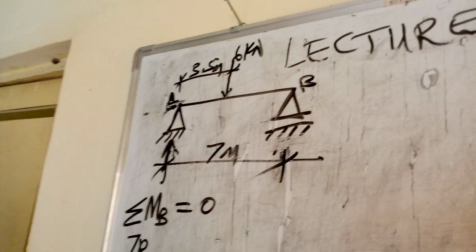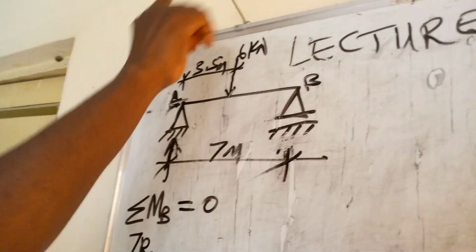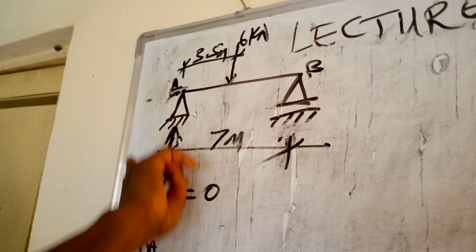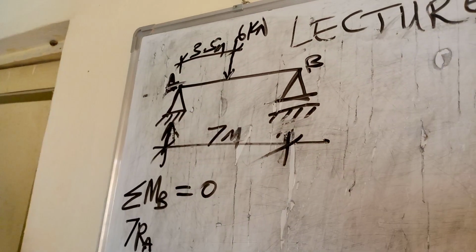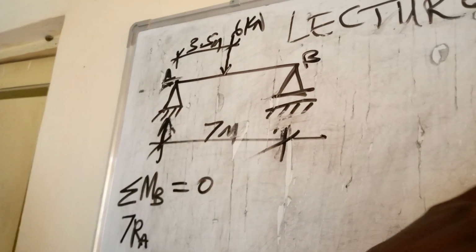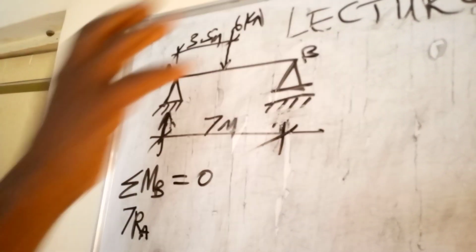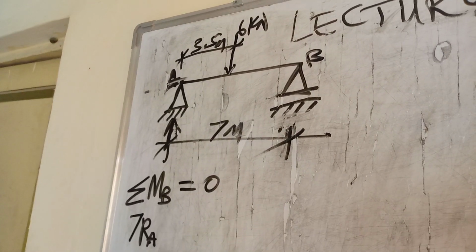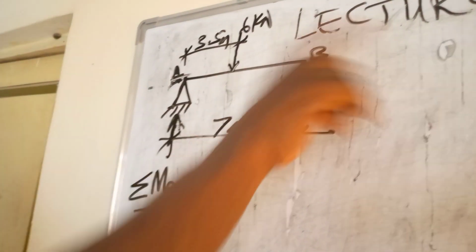And about support B, reaction A will turn this way. About support B, it will turn like this.